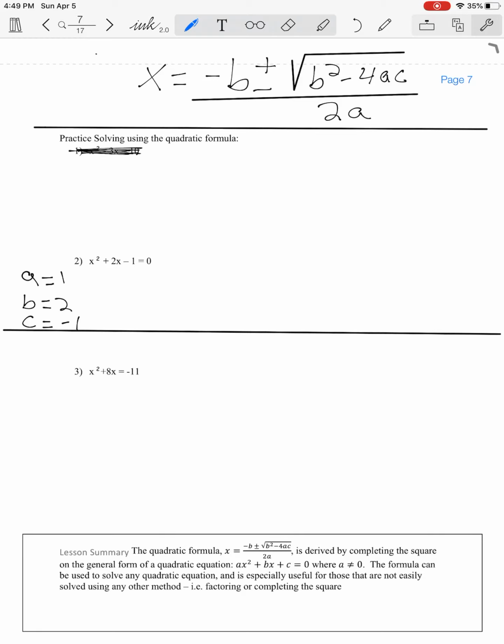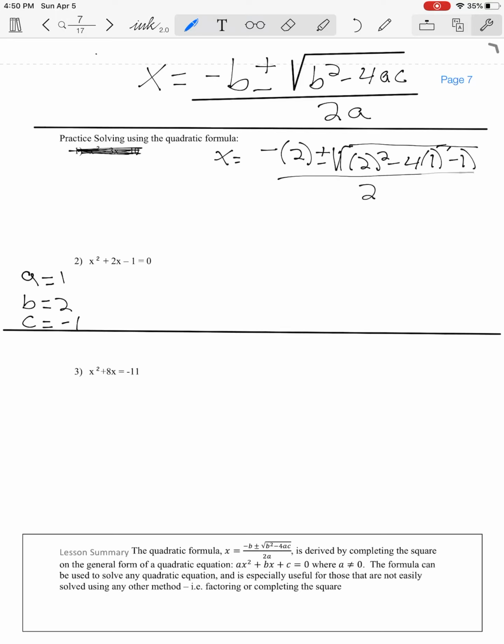Once I determine my a, b, and c, I begin to plug in. I just plug it right into my formula. x equals, and my formula is negative b, which is negative 2, plus or minus the square root of b squared, which happens to be my b term, 2 squared, minus 4 times a, which is 1, and c, which is negative 1.